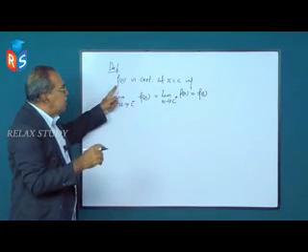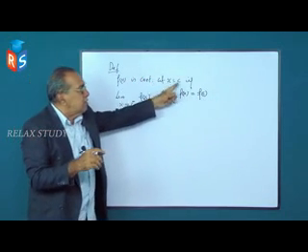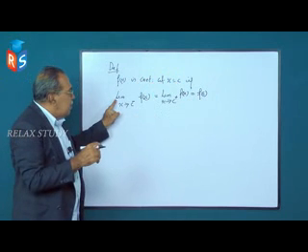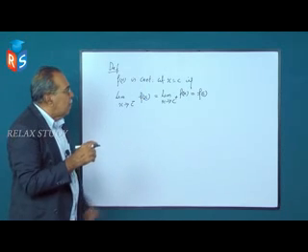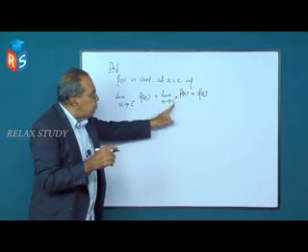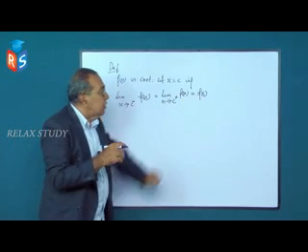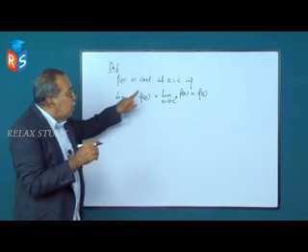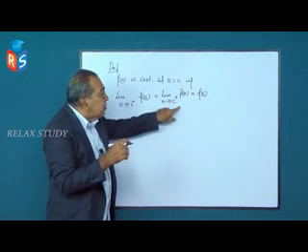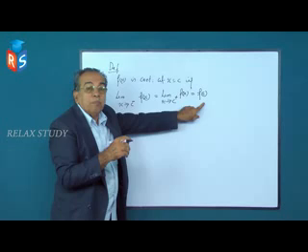A function f(x) is continuous at x equals c if the limit as x tends to c minus of f(x) is equal to the limit as x tends to c plus of f(x) is equal to f(c). Or in other words, the left hand side limit is equal to the right hand side limit is equal to the value of the function at that point.